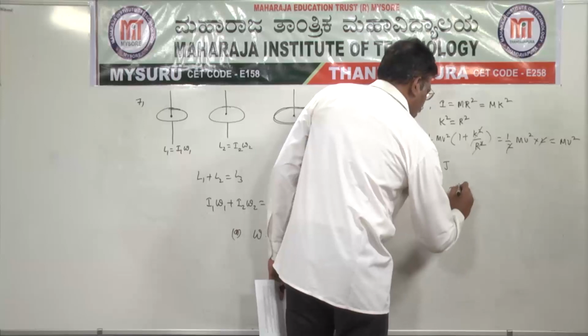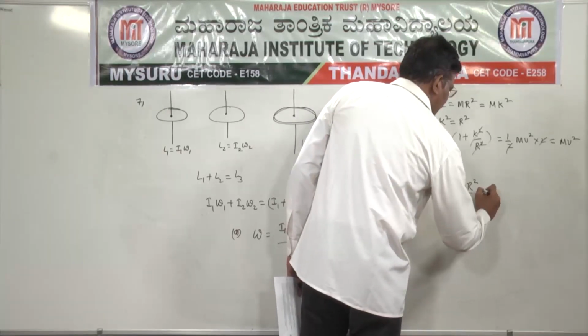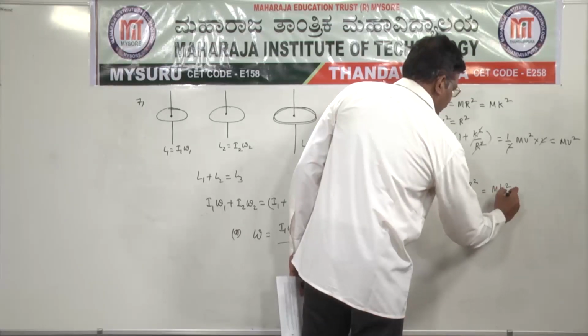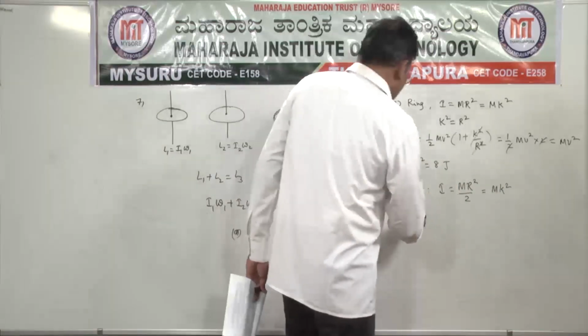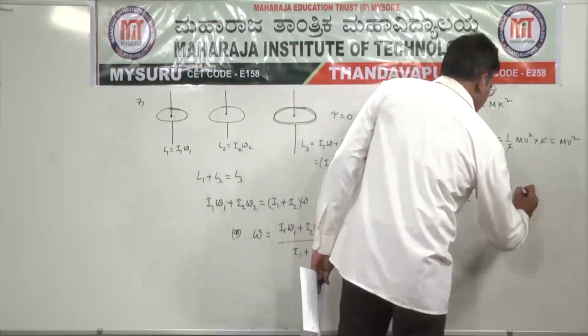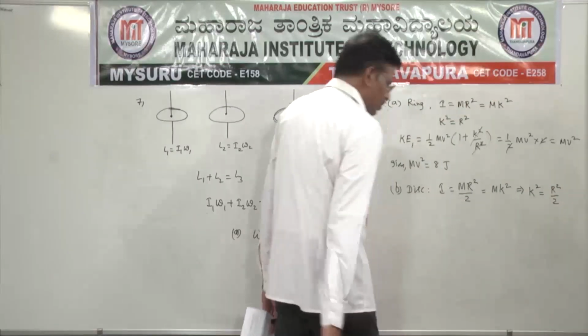For the disc, I is equal to mr square by 2. If it is compared with mk square, so that implies k square is equal to r square by 2.